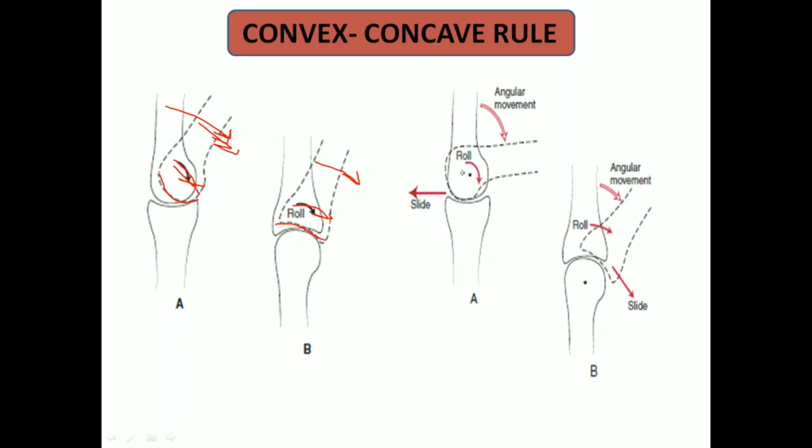But if the moving surface is convex on concave, slide is in the opposite direction. And if concave is the moving surface, then it is in the same direction. But you need to keep in mind, whatever the surface of the bone that is moving, the roll and the angular movement are always in the same direction.